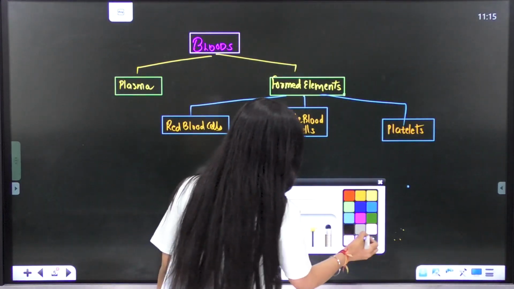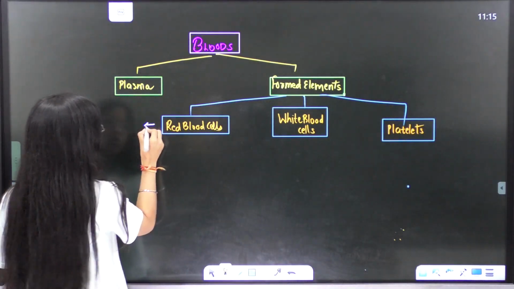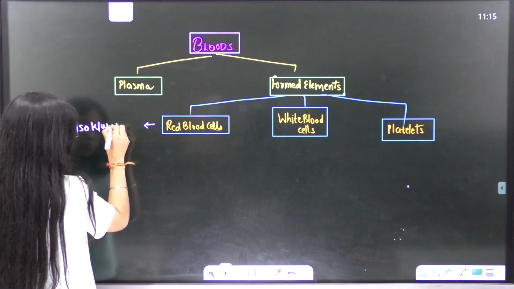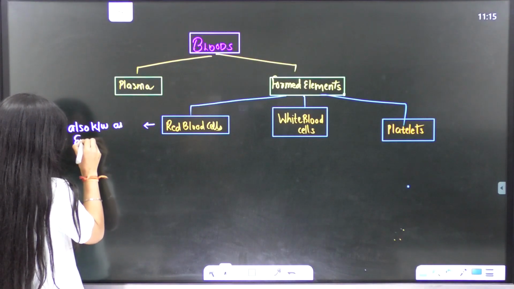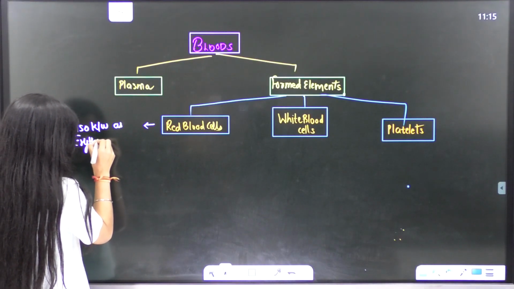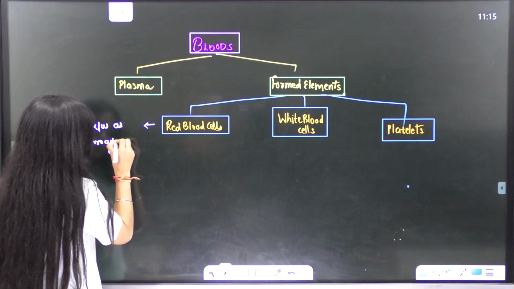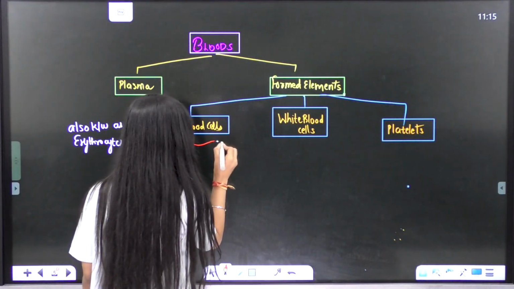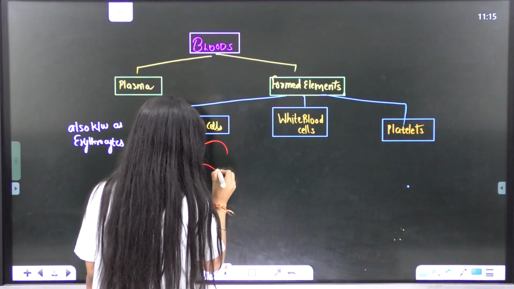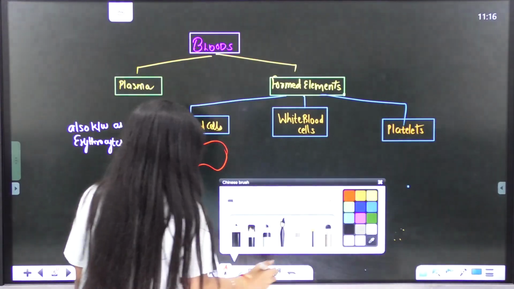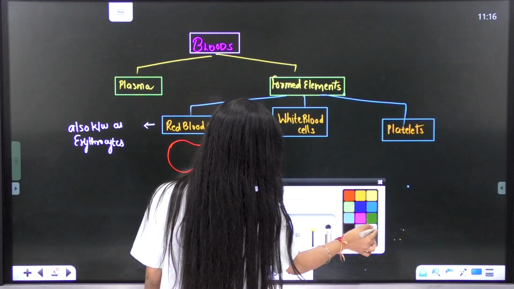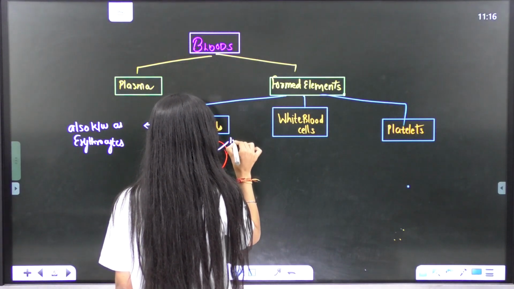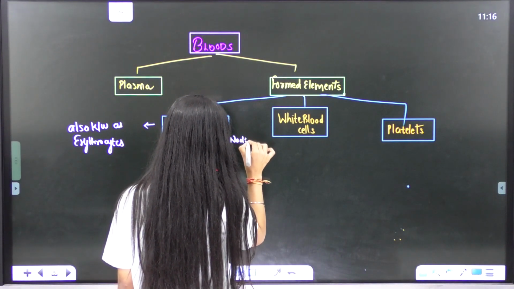So, ma'am, you have told they are also known as erythrocytes, right? They are oval and biconvex, but they carry a nucleus.